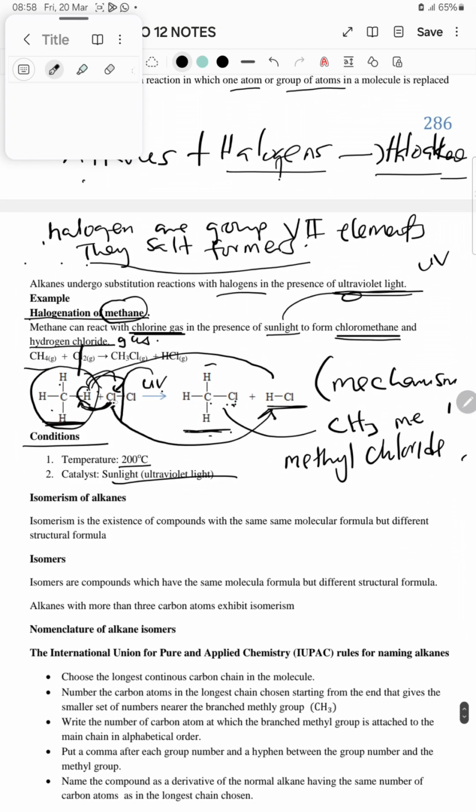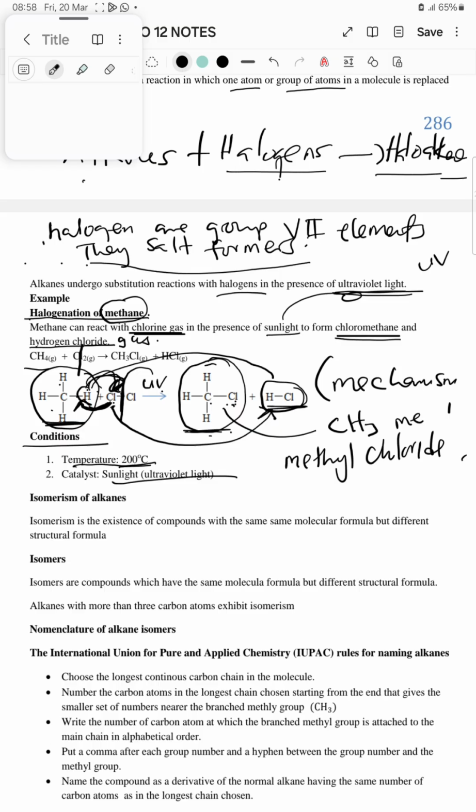So when the ultraviolet comes, it breaks the bond between the two. Then this chlorine will come and substitute the hydrogen, and this hydrogen will go where there was chlorine here, so that they form hydrogen chloride, and this now becomes chloromethane or methyl chloride.